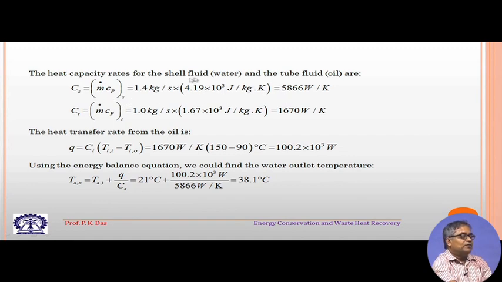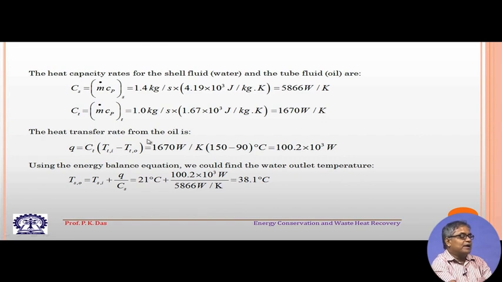With the figures given, we get 5866 watt per Kelvin, and C t, the heat capacity rate of the tube side fluid, m dot Cp t, using the numbers we get 1670 watt per Kelvin.